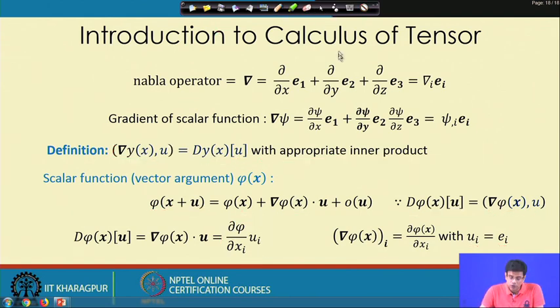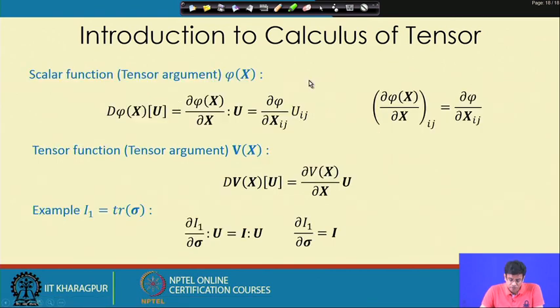Similar to this, if we find a scalar function with a tensor argument, the same way we can find the gradient. The function is a scalar function, but the argument is a tensor. For instance, the trace is a scalar function, but the argument is a tensor, the trace of a second order tensor.